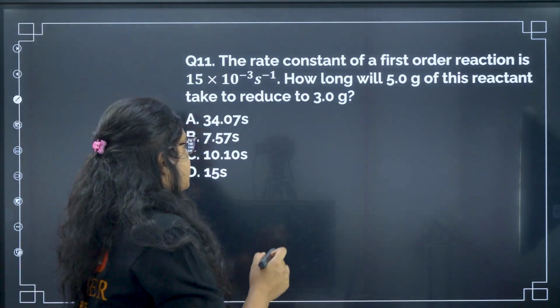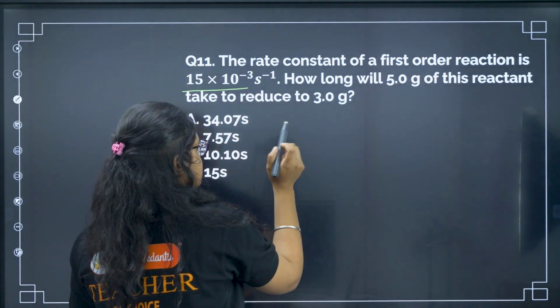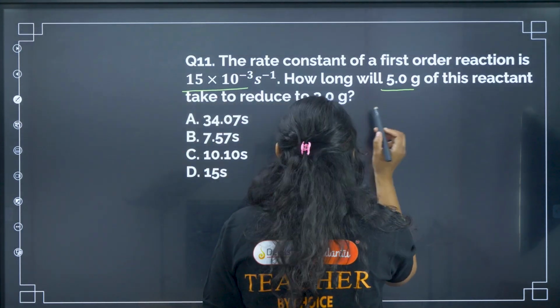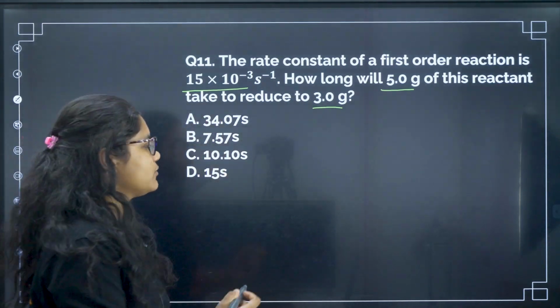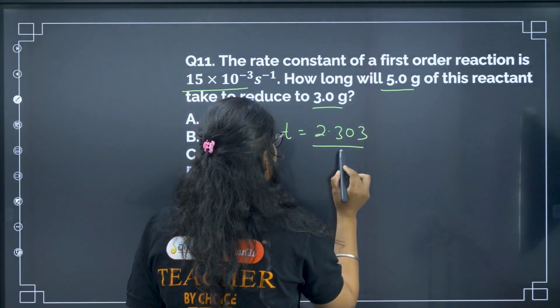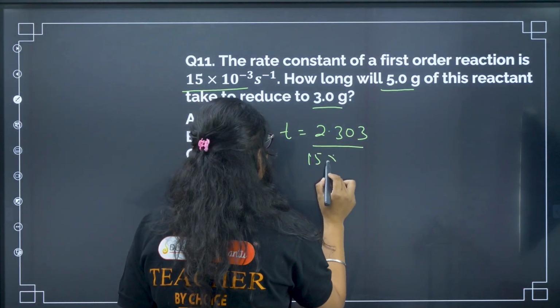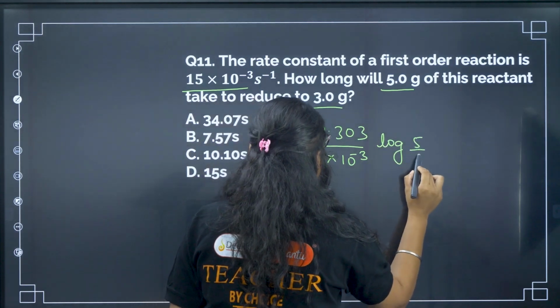Okay. Next. The rate constant of a first order reaction is 15 into 10 to the power of minus 3 second inverse. How long will it take for 5 gram to reach 3 gram? So first order reaction, directly formula based question from kinetics. So we can write 2.303 by K, where K value is 15 into 10 to the power of minus 3, log of A naught by A. Okay.